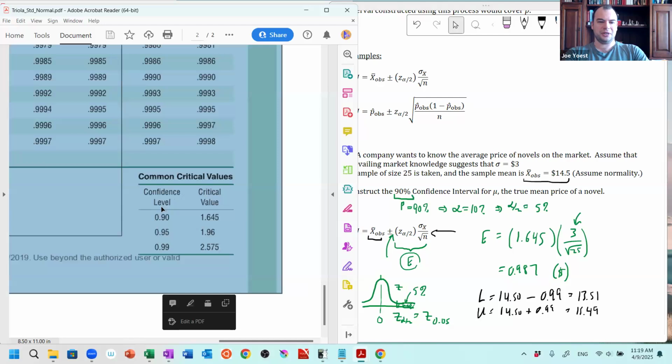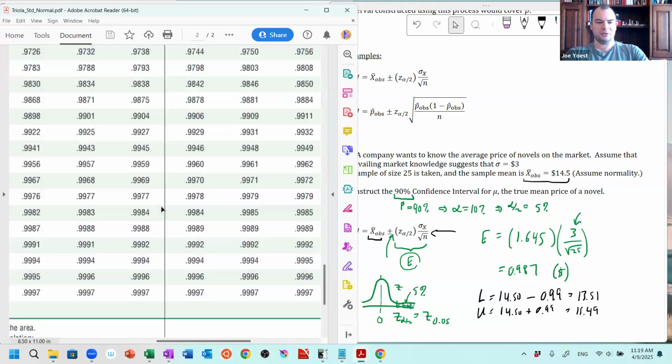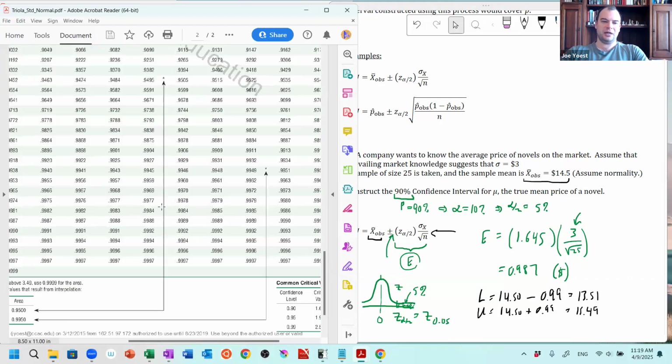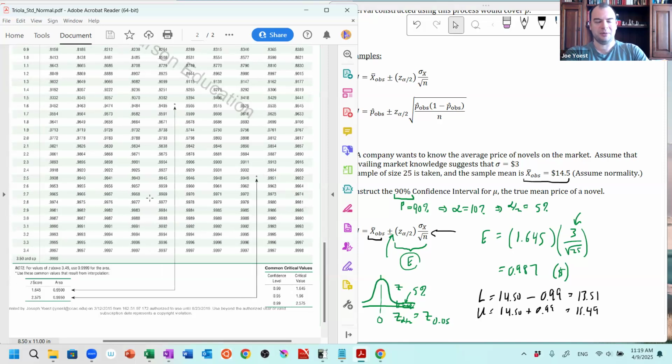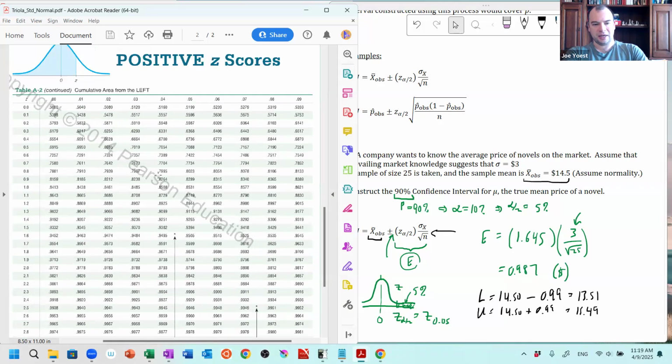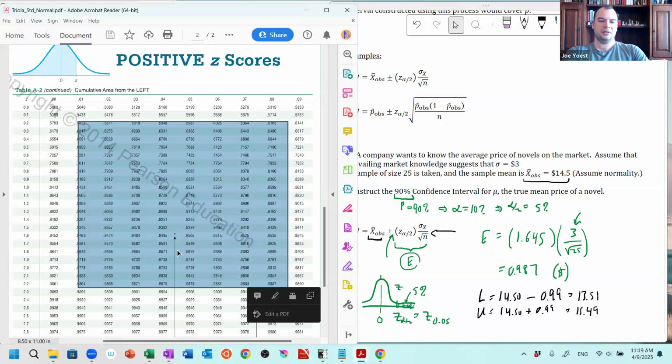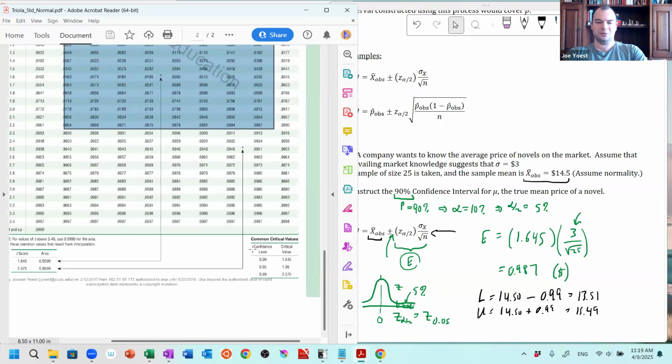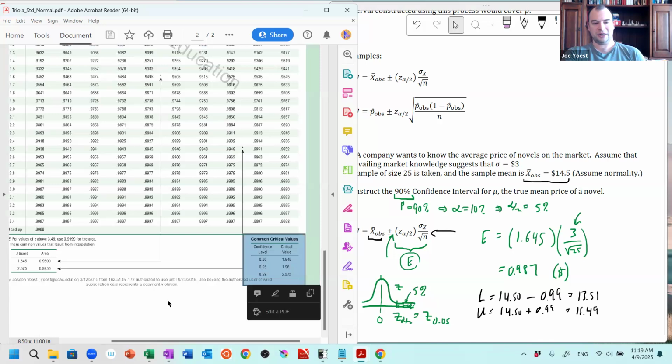While it was super important to have this whole table when I was doing normal distribution problems from chapter 6, if I'm just doing confidence interval problems, the vast majority of this table is wasted space. I could present all the information you really need for confidence intervals in this tiny table down here.